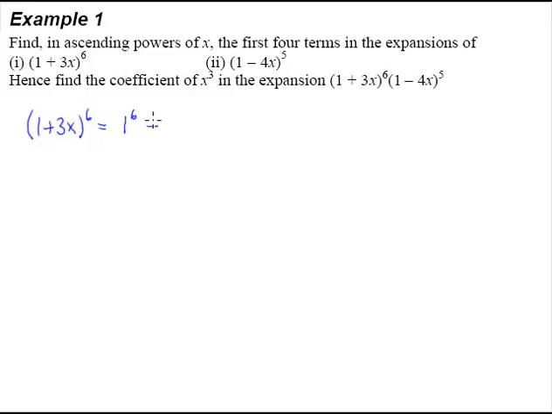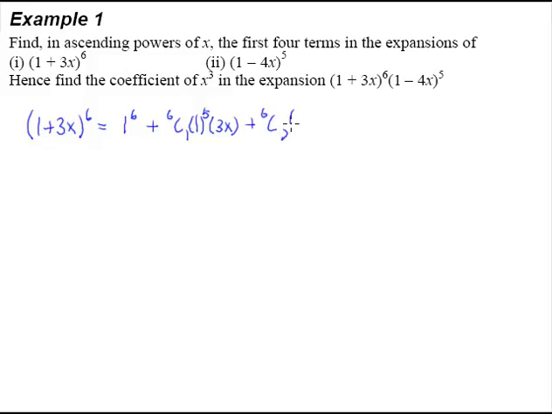And of course the next thing will be 6C1. 1 will reduce power by 1, so now 1 will be raised to the power of 5, and 3x now will gain 1 power. This is the second term, and this is the third term.